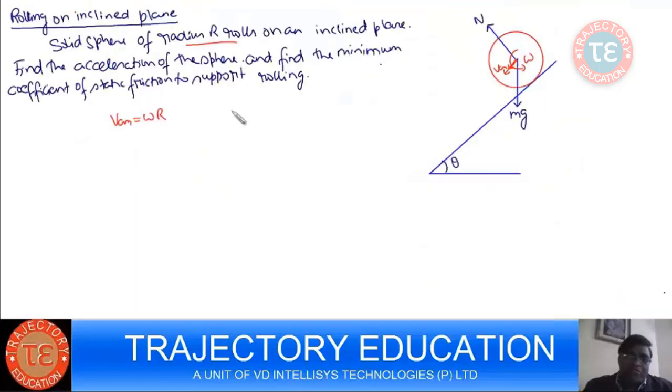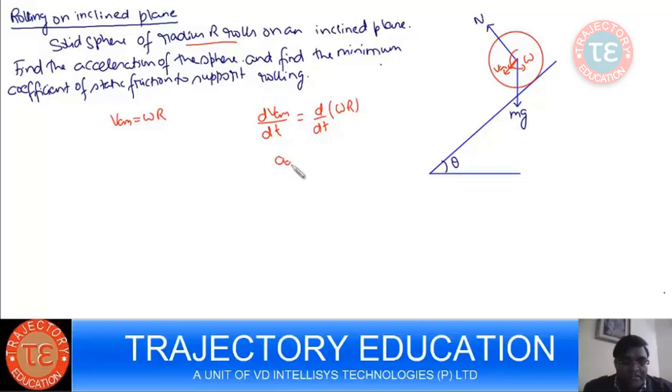So they may be constant, or this condition can hold if VCM and omega r both are increasing, but they are increasing at the same rate. VCM equal to omega r does not mean that VCM and omega r need to be constant. It can hold as long as the rate of change of VCM is equal to the rate of change of omega r.